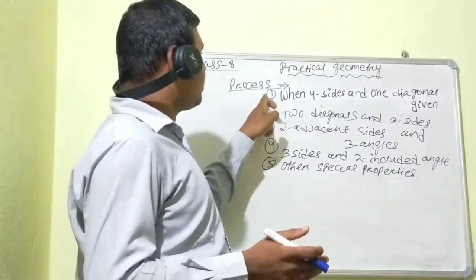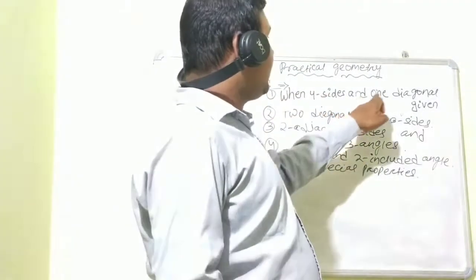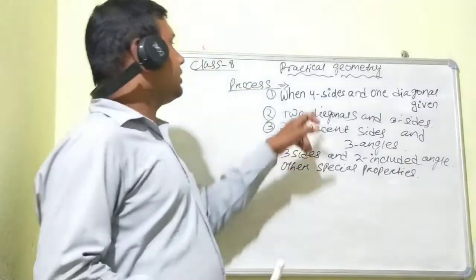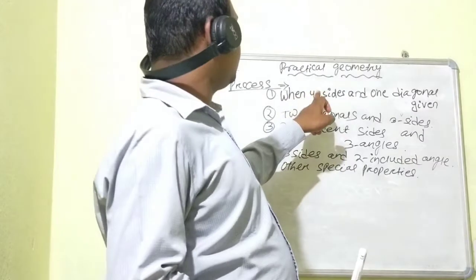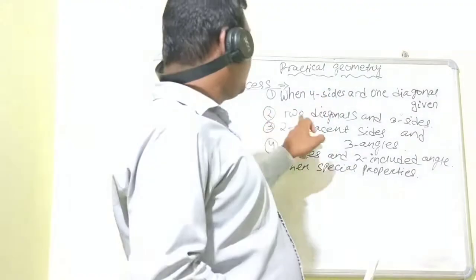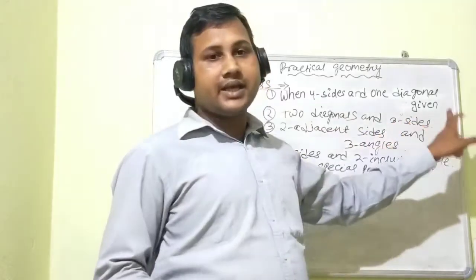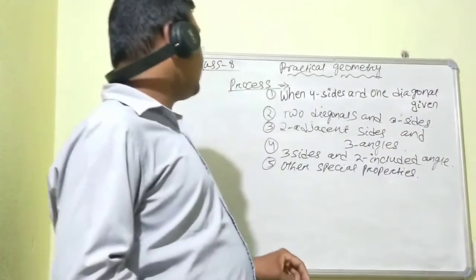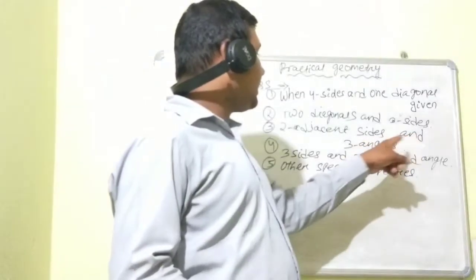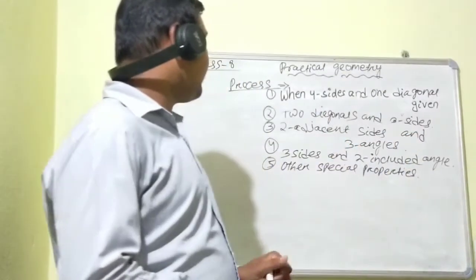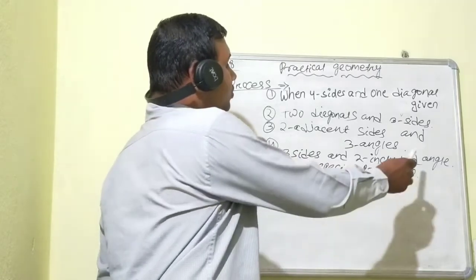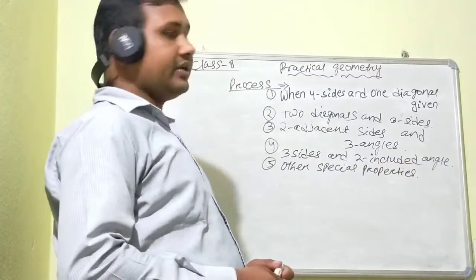First process: when four sides and one diagonal value are given, we will be able to construct any type of quadrilateral. Second: two diagonals and three sides are given. Third: two adjacent sides and three angles are given. Fourth: three sides and two included angles are given.